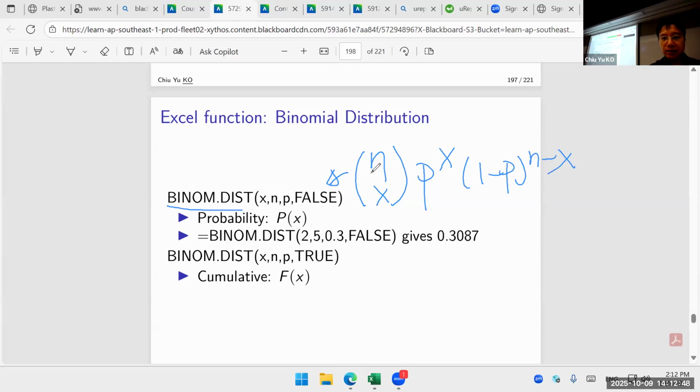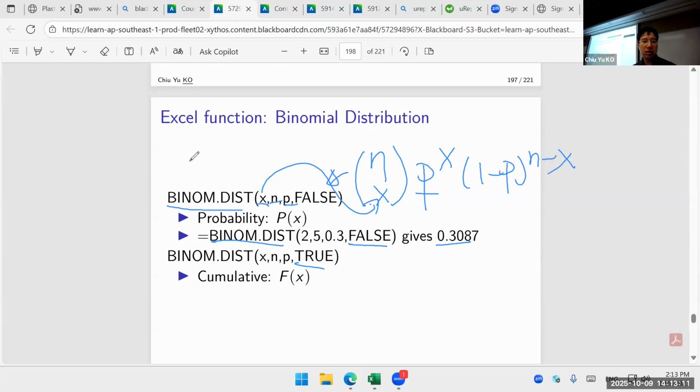You give it the n, the p, and x is how many successes you want. If you set false, this is the P function, and what is true here is the F function, right? Less than or equal to. Is that clear?